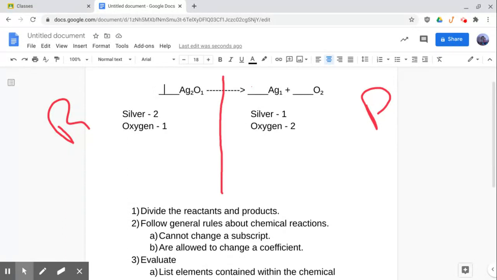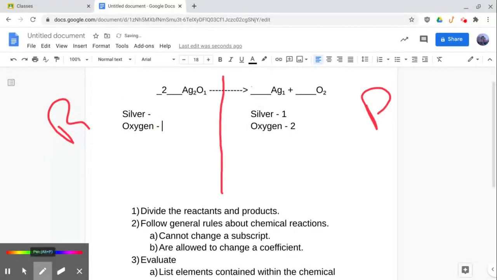So let's start with, we have a 1 and a 2. We obviously have to multiply this 1 by at least a coefficient of 2 to achieve the same as a balance here and here. So let's work our way through this and see what we can come up with.